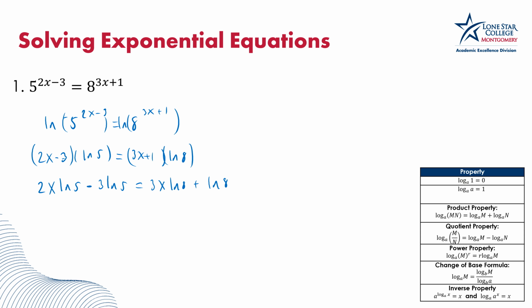So let's say we move anything with x over to the left side, and anything that doesn't have an x, we move to the right side. So let's take our 3x ln of 8 and move it to the left side. Obviously we can't subtract them, so we can write this as just 2x ln of 5 minus 3x ln of 8 minus 3 ln of 5 equals ln of 8.